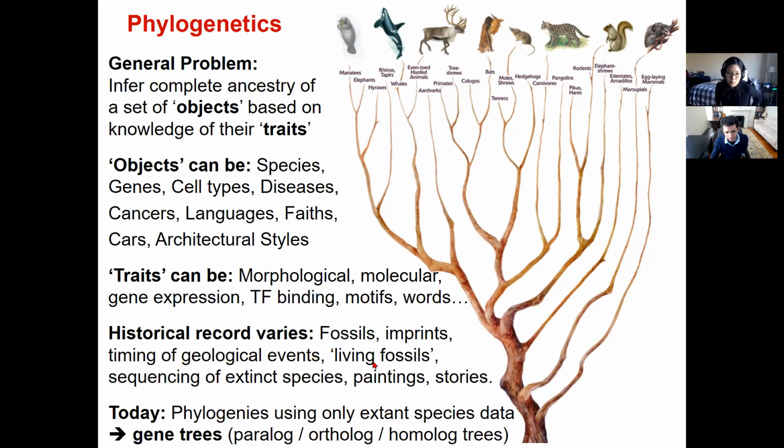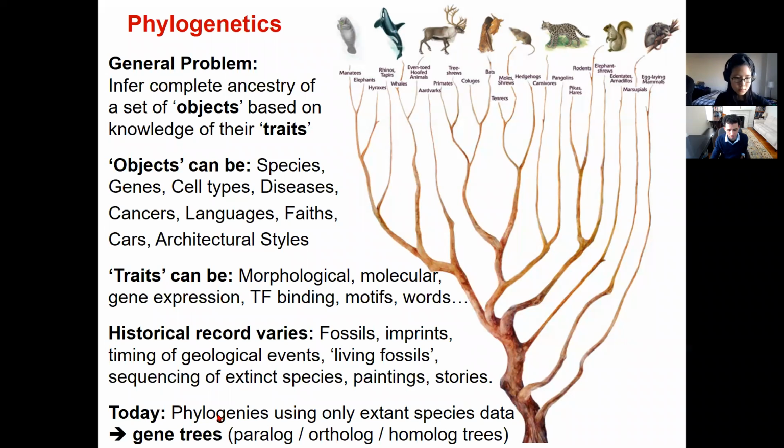And also, in some cases, living fossils. Basically, these are species that have changed extremely little since their ancestral forms. But also sequencing of, in some cases, extinct species based on whatever DNA remains over a few thousand years. And of course, paintings and stories and so on and so forth.